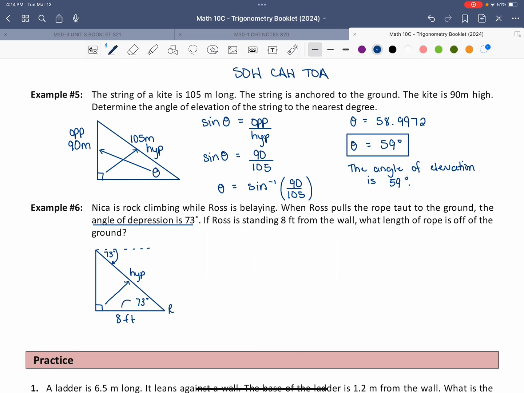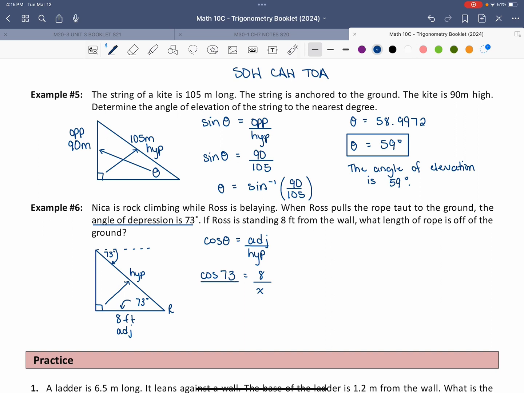And then our 8 feet would be the adjacent from 73. So adjacent and hypotenuse. So CAH from SOHCAHTOA. Cos theta equals adjacent over hypotenuse. Fill in our numbers. Cos 73 equals, adjacent is 8. Hypotenuse is what we're trying to find, so x.